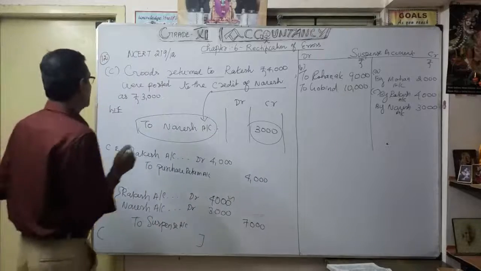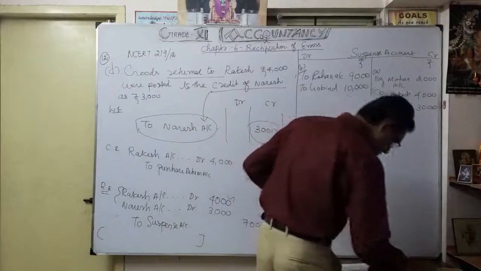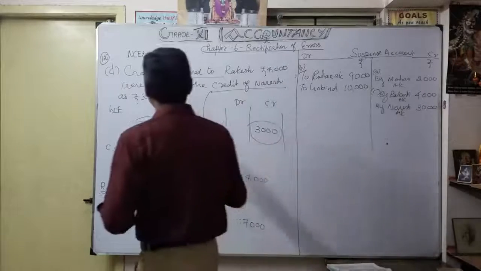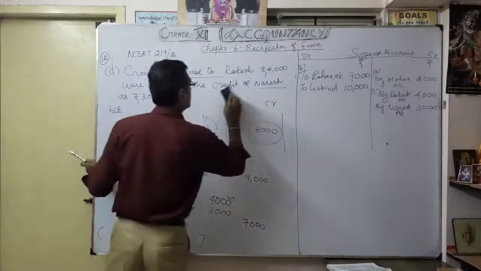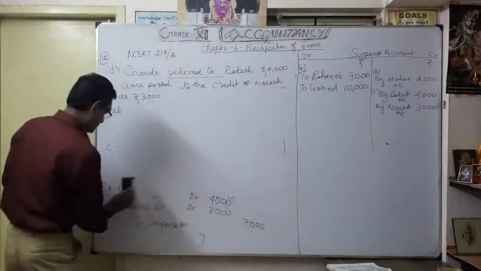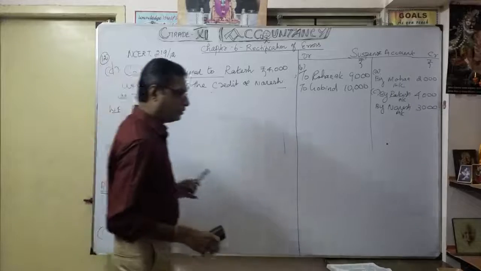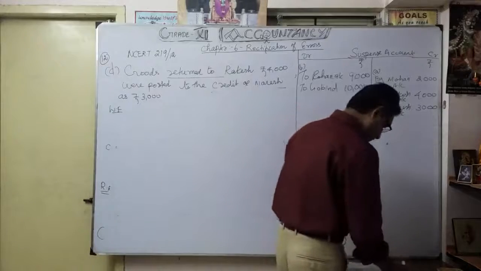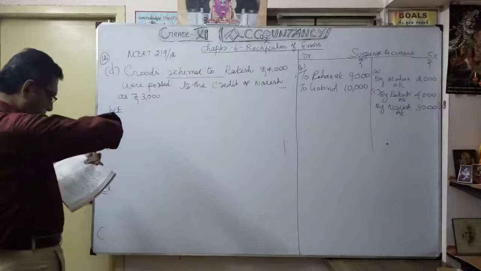Now going to do the D one. So what is D? Now let's see what is D. Okay, now what is going on for the D one? What is D? See here. Goods returned from Magesh.